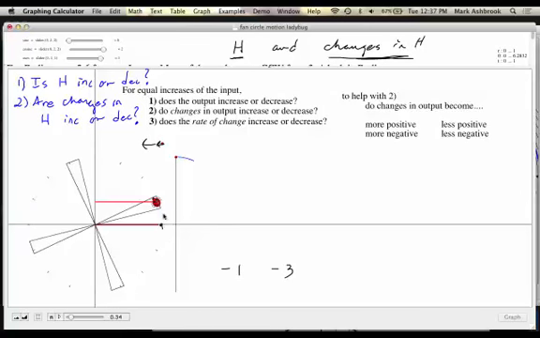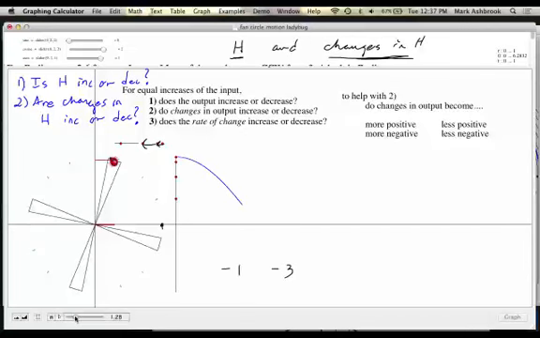How can you tell if the change itself is increasing or decreasing? For this particular case, these changes are negative because the bug is moving left. How do you know that it's negative? Let me show all of them at the top of the circle.